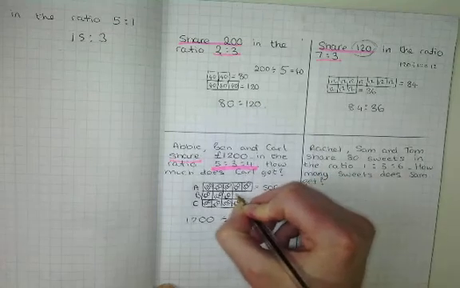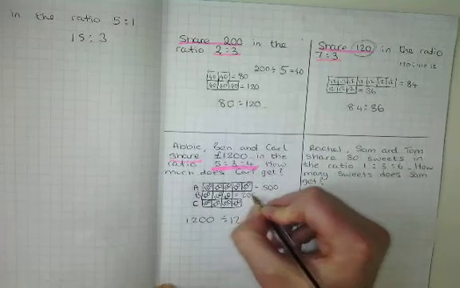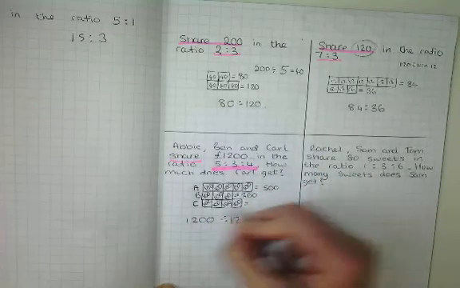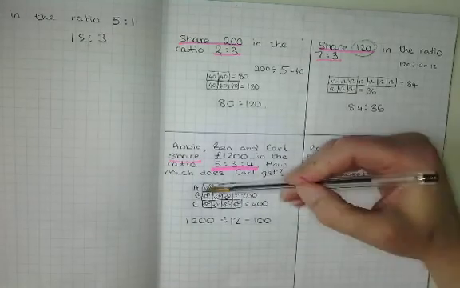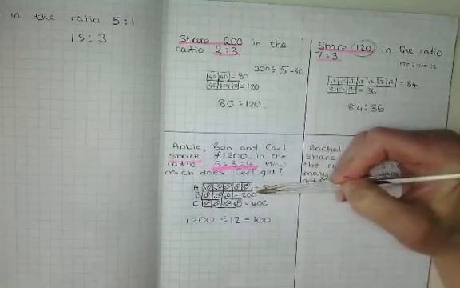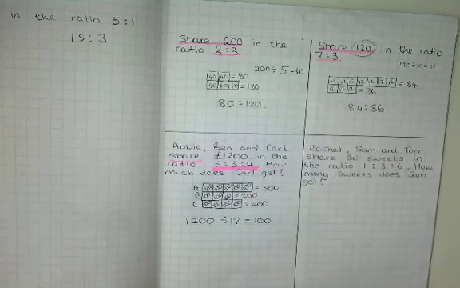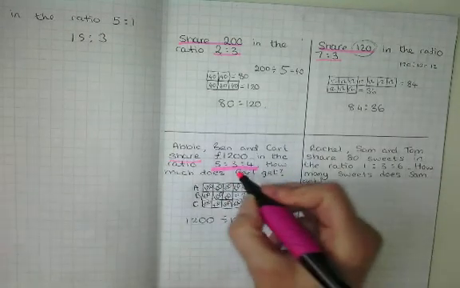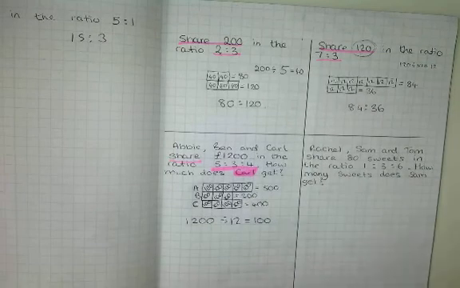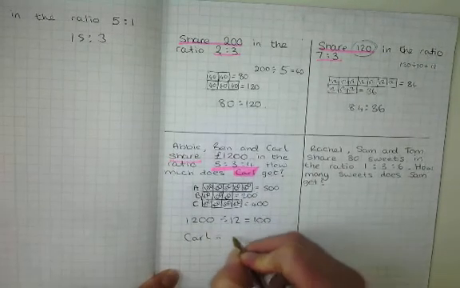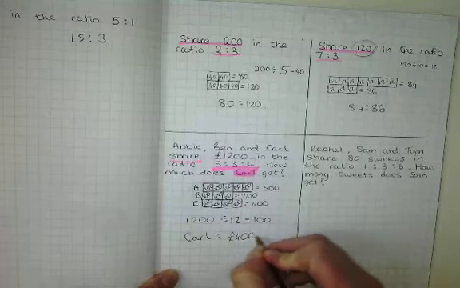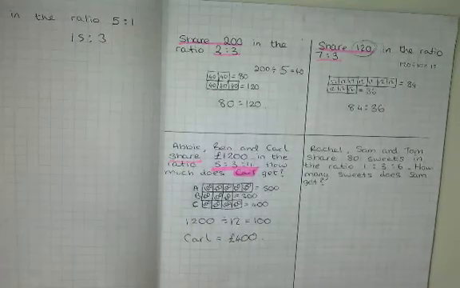So the first row will be 500, the next row 300, and the final row 400. So I can see that Abby gets 500, Ben gets 300, and Carl gets £400. In the question it says, how much does Carl get? So my answer is Carl, who gets £400.